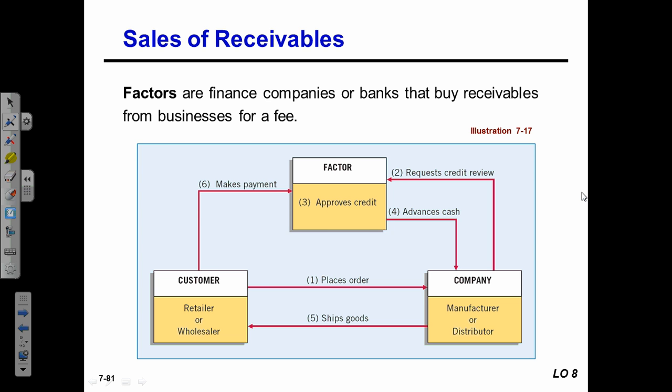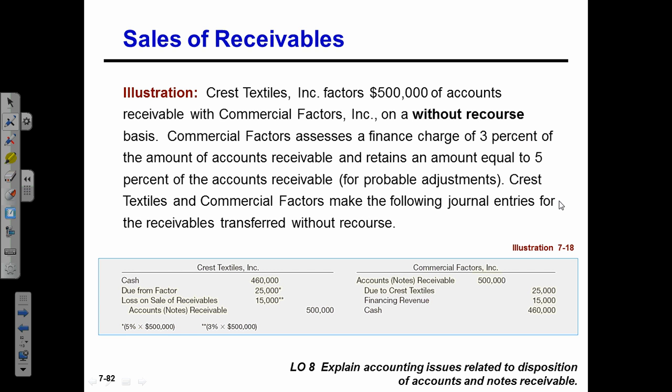All right, so how do we account for this? Here's an example. Quest Textiles is producing clothing, I guess, and Commercial Factors is providing us with the financing. Without recourse, they're charging us 3% up front, and then they're going to retain an amount equal to 5% of the accounts receivable.